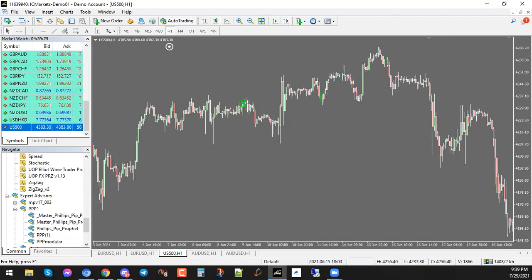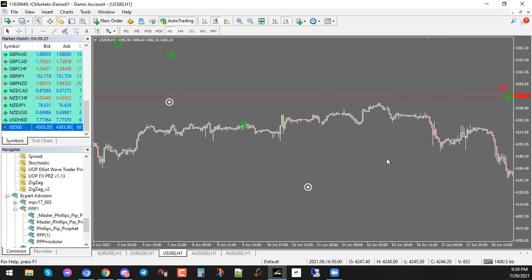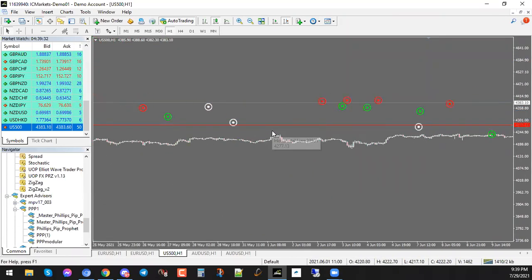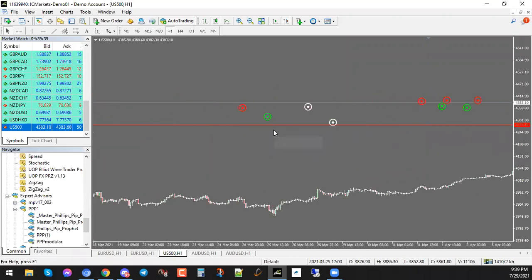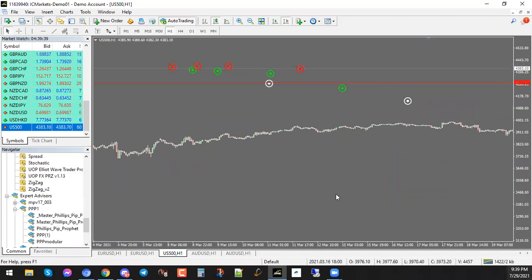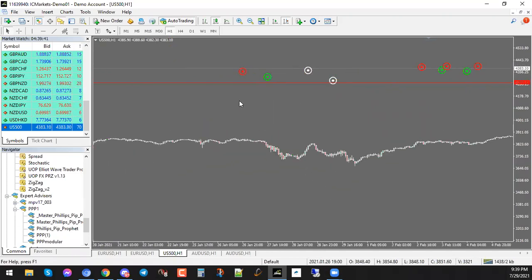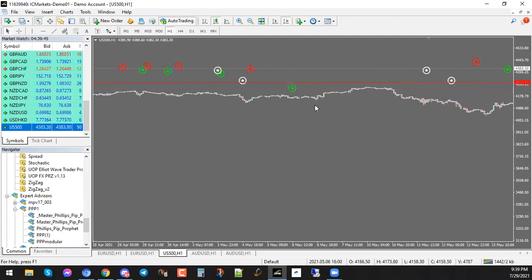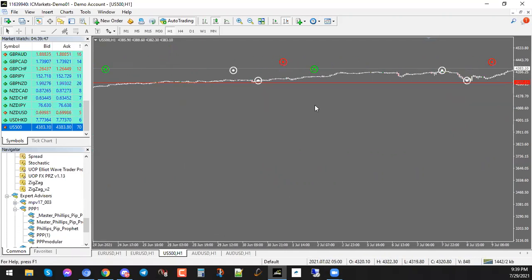I don't want to go back too far. So this level is actually one of those all-time highs. So we won't be able to see if this is going to be much of a, okay, here it is.